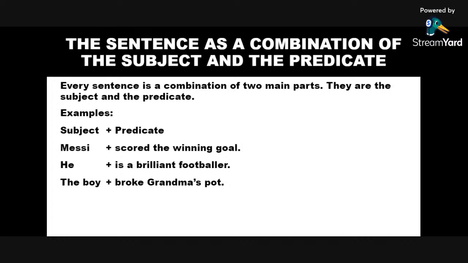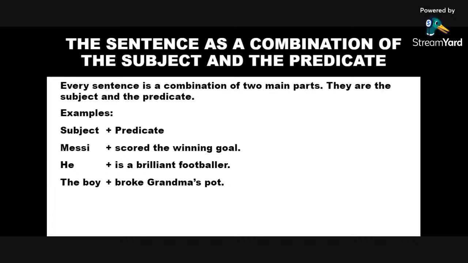All right. Now, every sentence is a combination of 2 parts. They are the subject and the predicate. Now, the subject tells us who or what the sentence is about, or what the subject does or is.